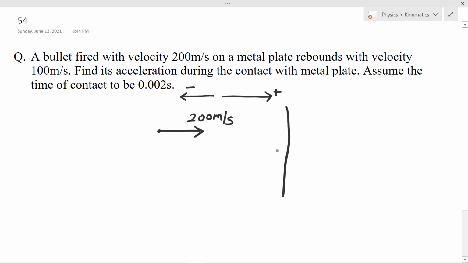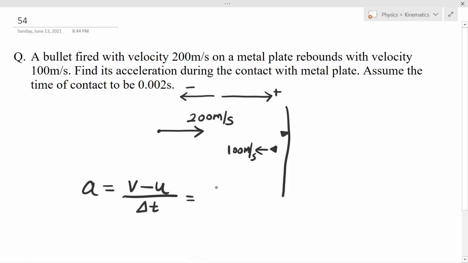Now after 0.002 seconds it rebounds with the velocity 100 meter per second. Now what will be the acceleration? Acceleration is the change in velocity taken over a certain interval, suppose delta t, so we will divide it by delta t.